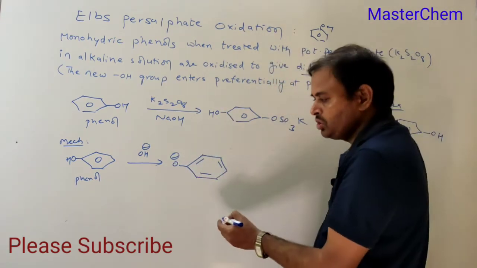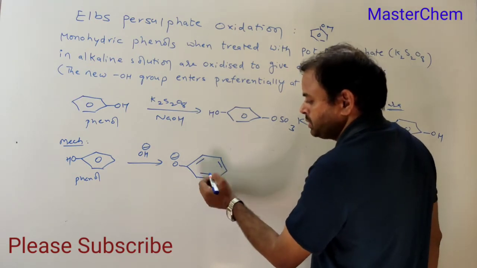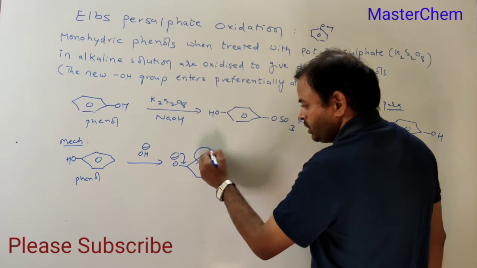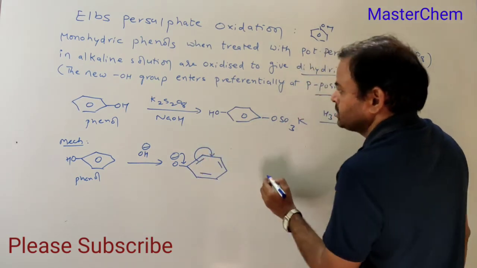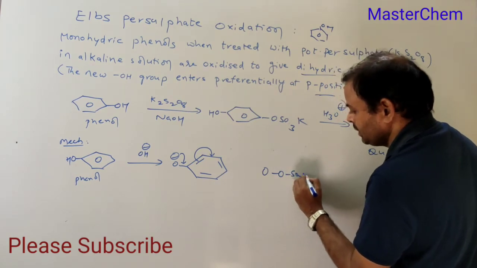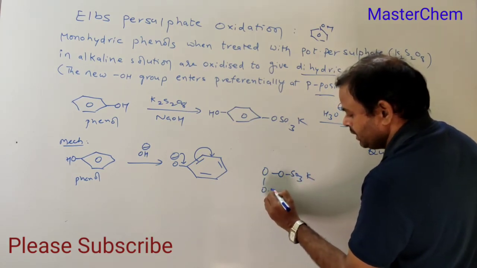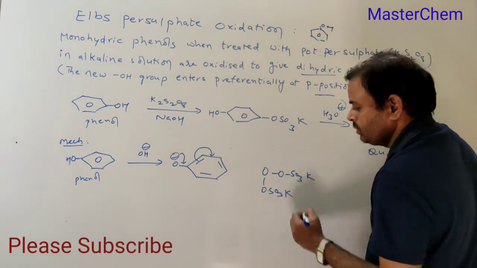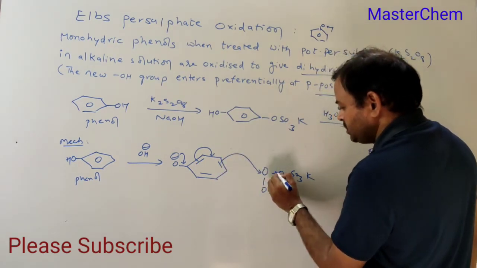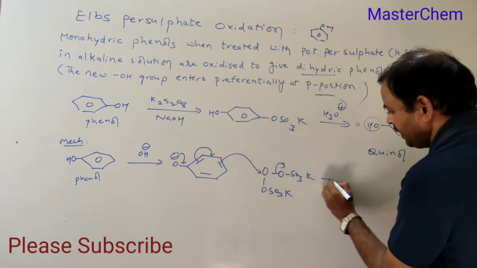To show the delocalization of bonds, you must represent these bonds, and this delocalization takes place. Next, K2S2O8 exists as KO3S-O-O-SO3K, and the delocalization takes place in this manner.